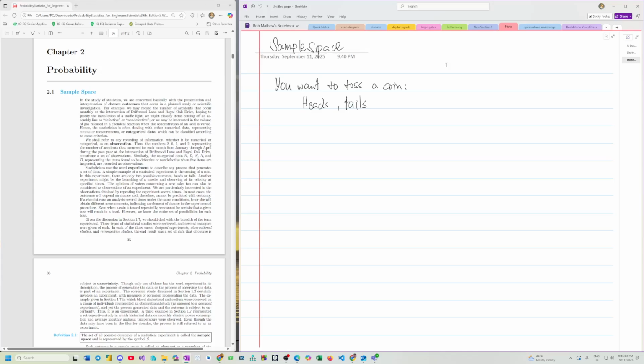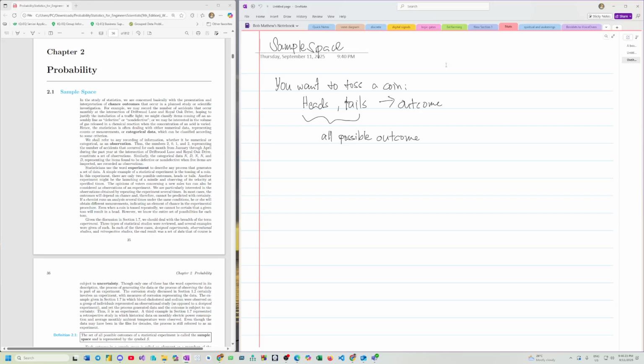So these heads and tails, or all possible outcomes, is what we call the sample space. All possible outcomes. When you toss a coin, you don't get a different result aside from either heads or tails, right?